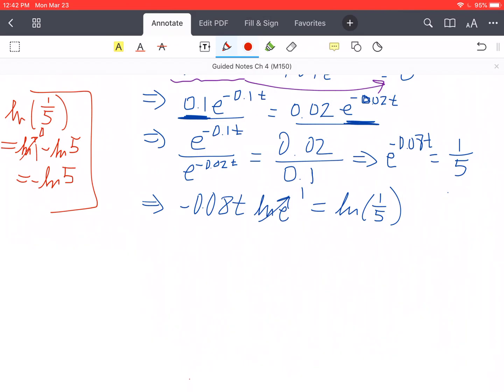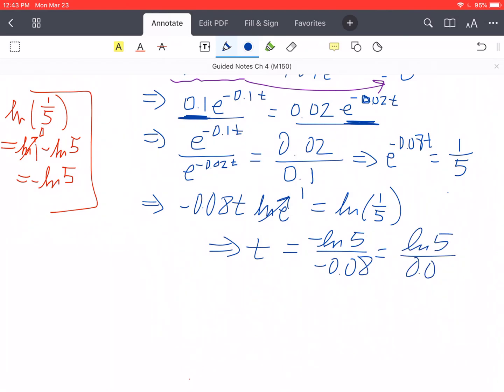We saw a similar argument when we did half-life in the previous chapter. So t equals negative ln of 5 over negative 0.08, which is just ln of 5 over 0.08. That's our exact value, and approximately it is 20.12.